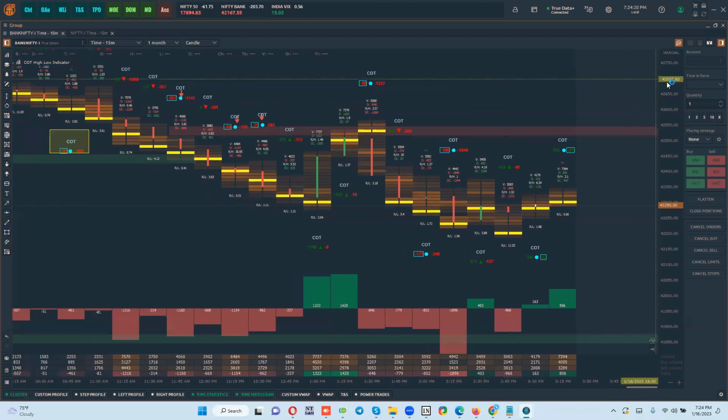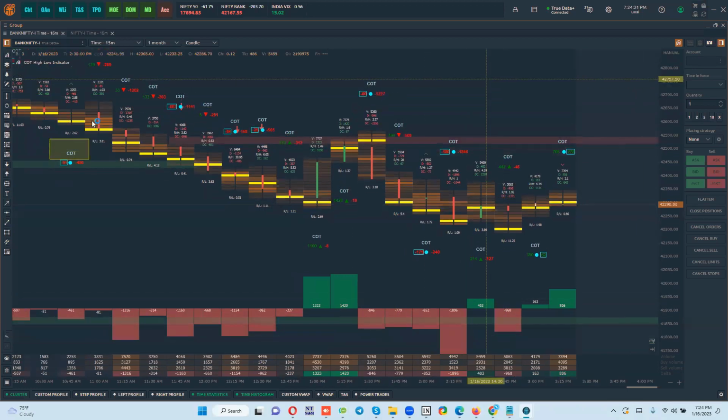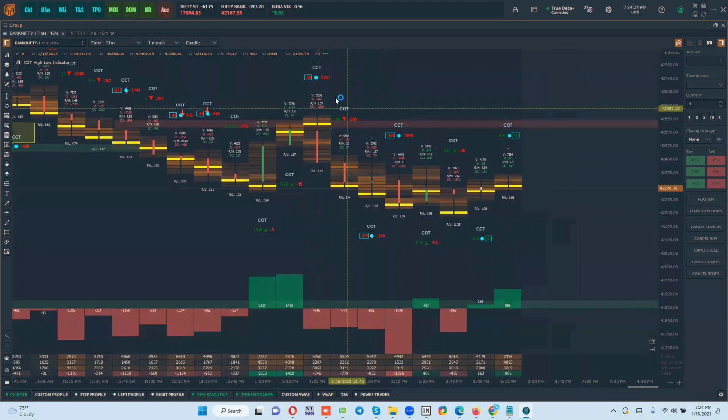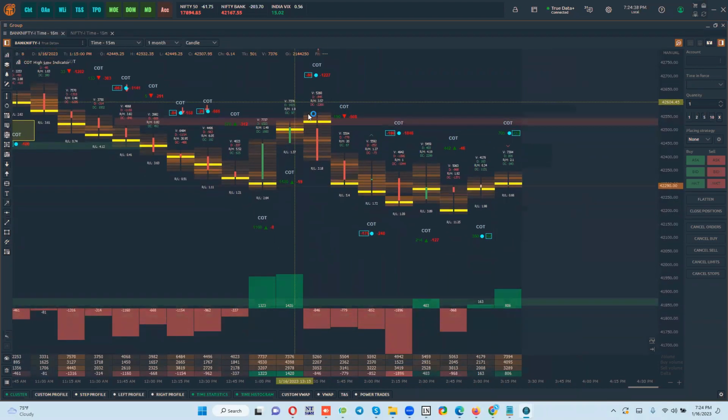We saw one more possible weakness here, again with the strong selling, where we saw the COT high and COT low also negative in this particular bar. Which means that at this level, there will be a strong selling interest in this particular product.